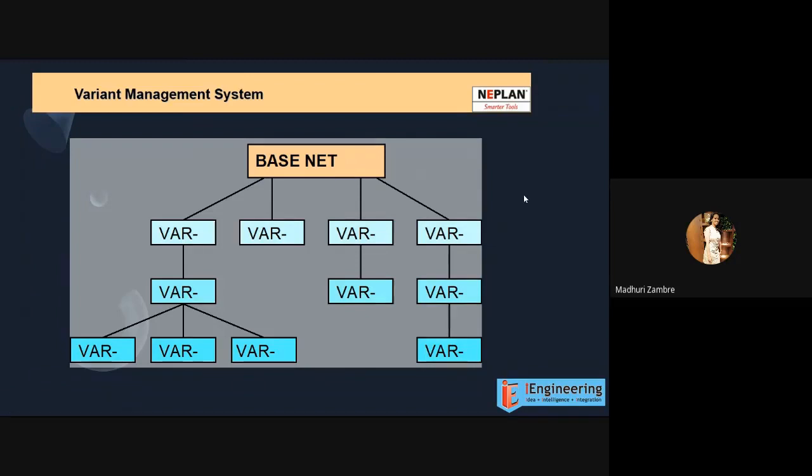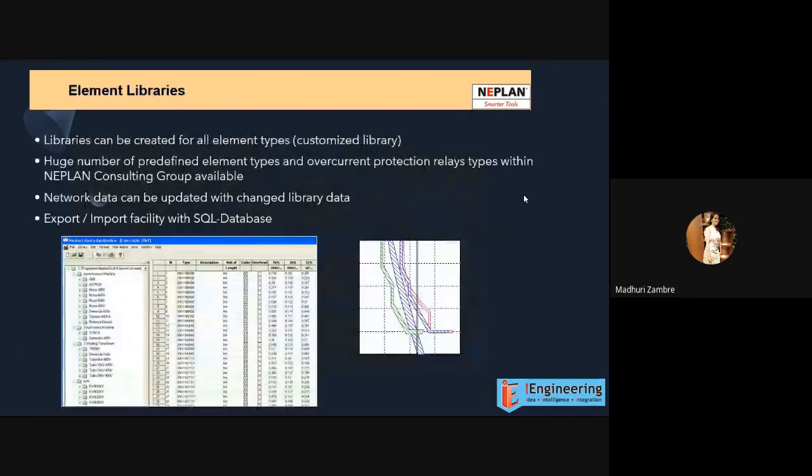In element libraries, it can be created for all element types, customized, and there is a huge number of predefined element types and overcurrent protection relay types. Within this Neplan, whatever network data is updated in the library data, we can export and import with this SQL database. So there is a provision in the library.